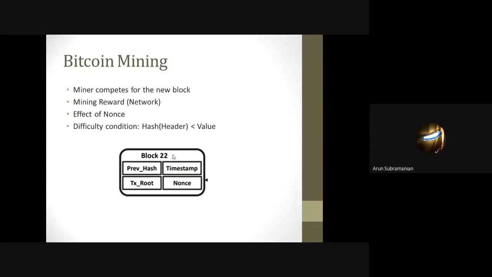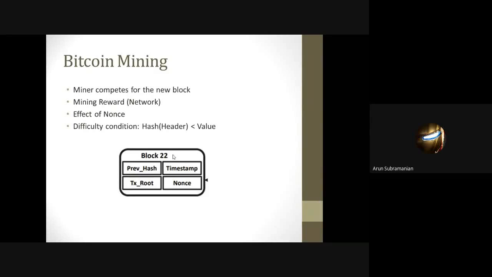It will try one, hash everything, and see whether the hash of the header is less than the value. Then it will try the second and the third value. Like that, it will vary the nonce value in such a way that the difficulty condition is achieved. Once this difficulty condition is achieved and a valid block is formed, the network will give a reward to the node.